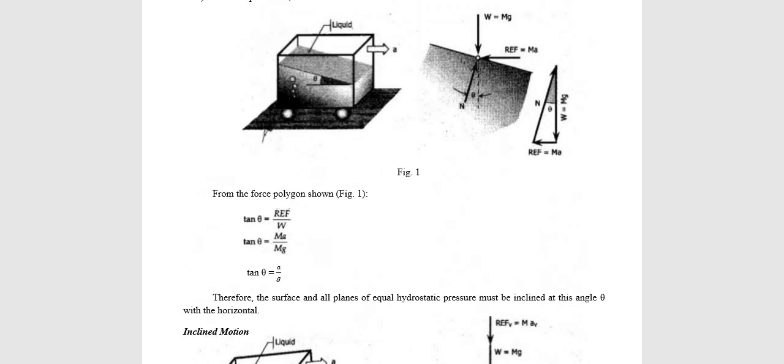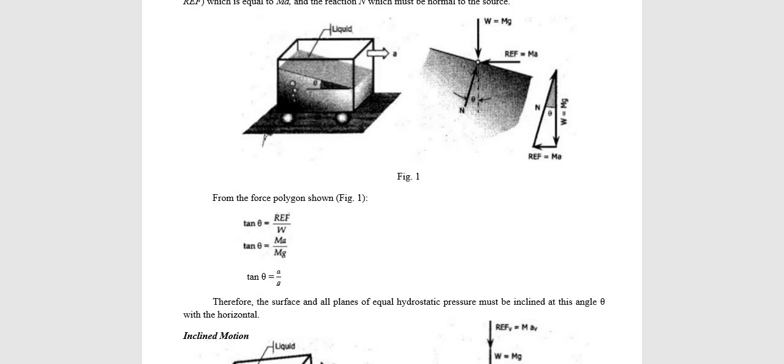But take note, whenever you are analyzing a problem or a moving vessel along an inclined motion, take note that the denominator is always positive or negative depending on the motion of our vessel.